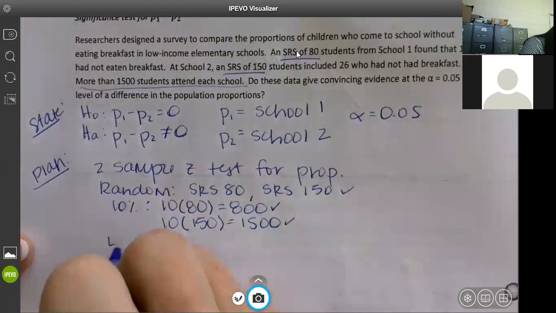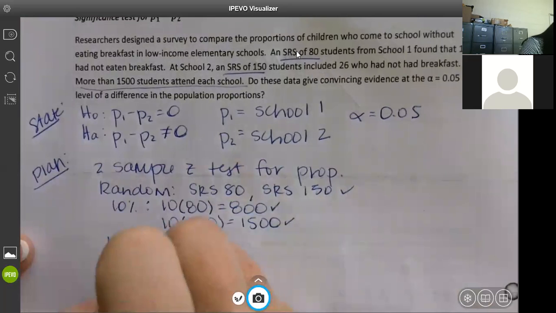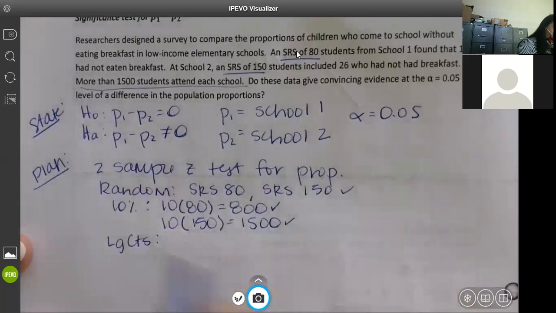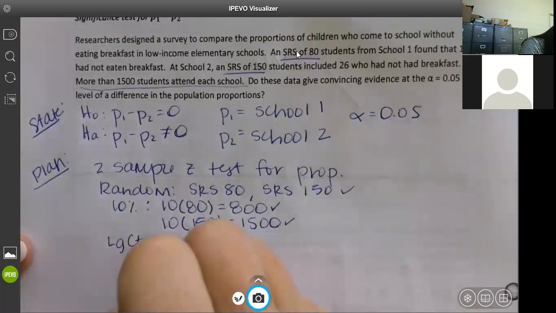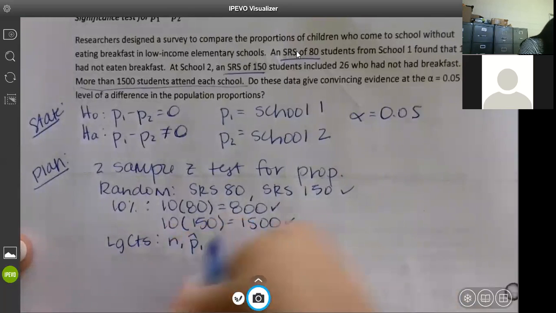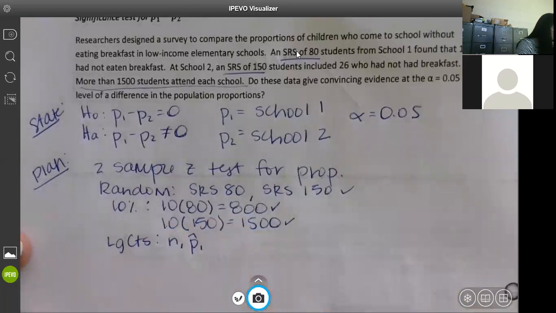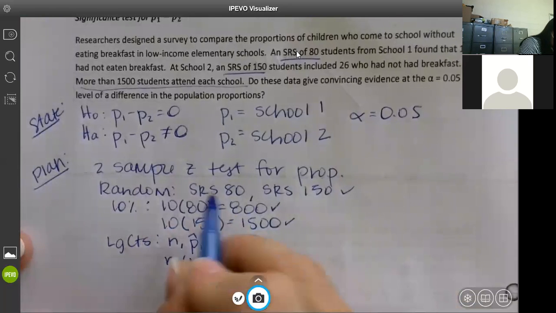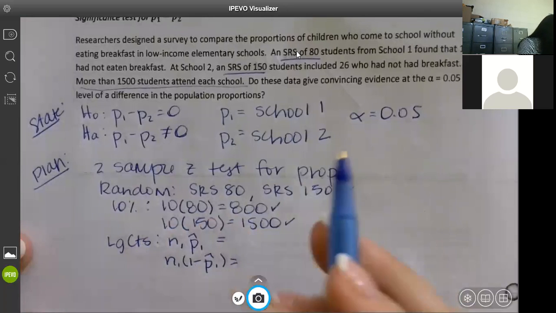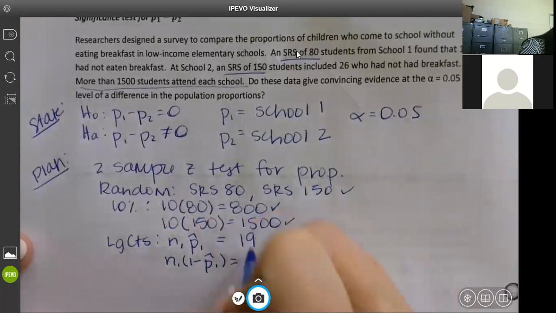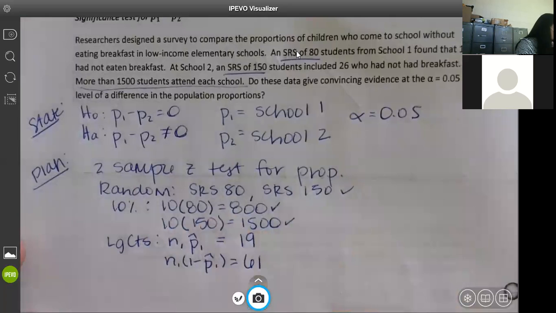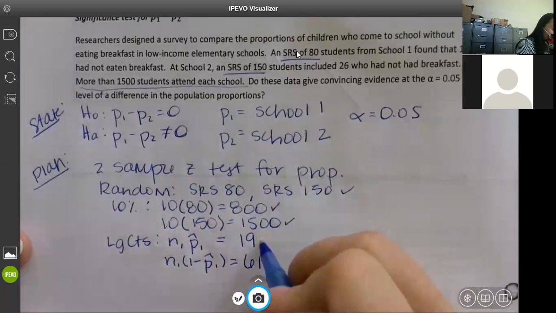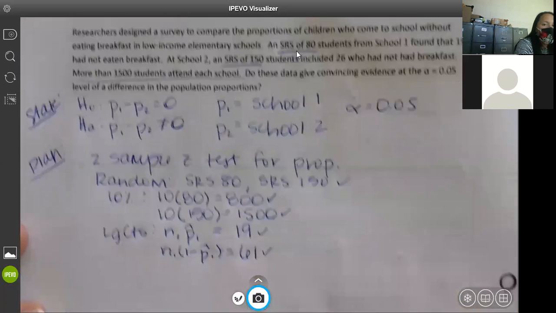And then large counts. Just to remind you, it's N1 P hat 1, N1 (1 minus P hat 1). And I'm going to go ahead and give you those values, 19 and 61. So those work because they're greater than or equal to 10.